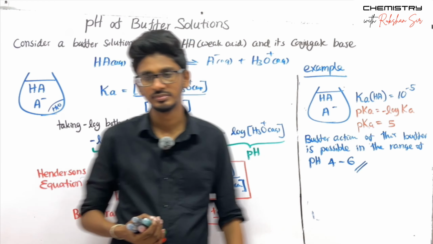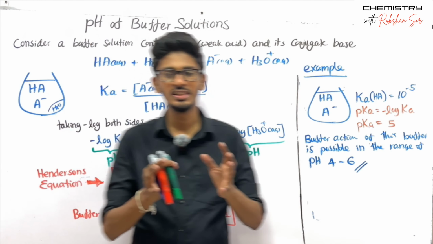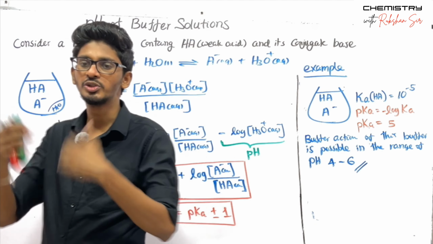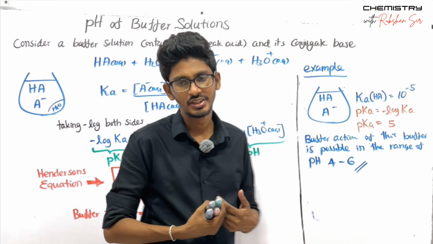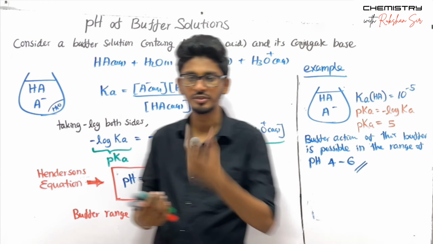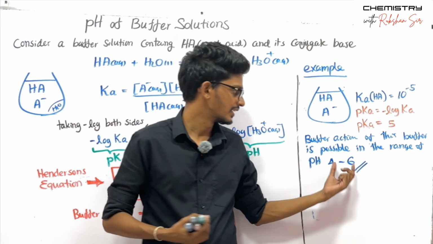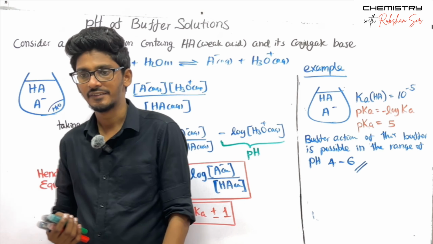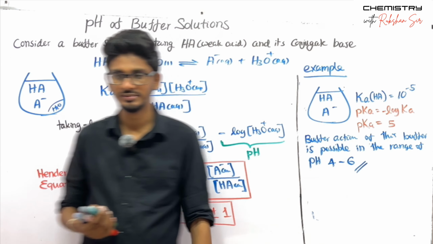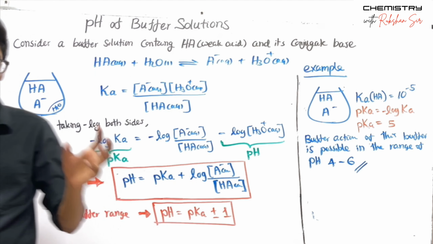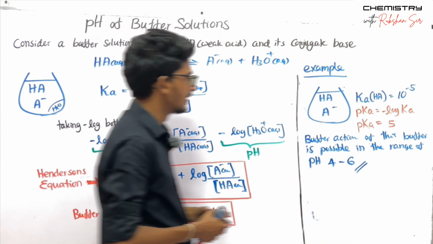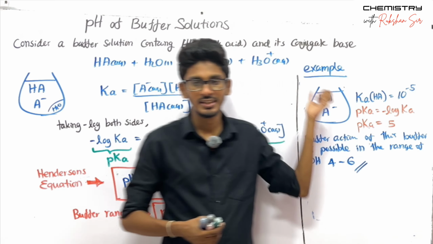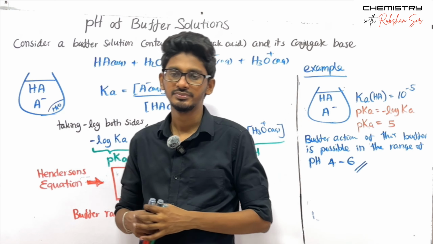That pH is the value which does not change with the addition of H pluses and OH minuses from strong acid and strong bases, and it should be in the range of 4 to 6. So the buffer range is decided by the Ka or the pKa value of the conjugate pair.